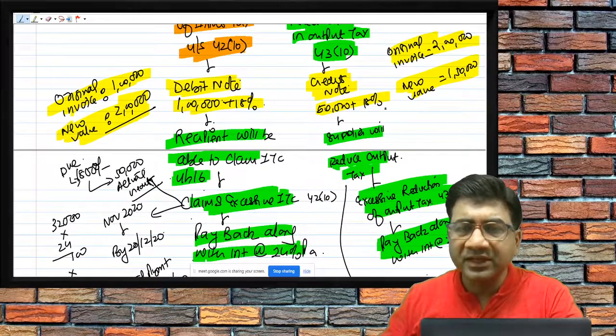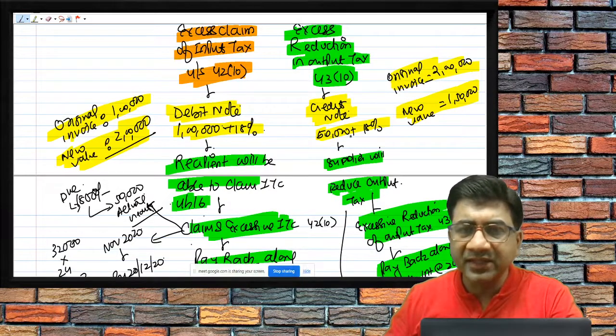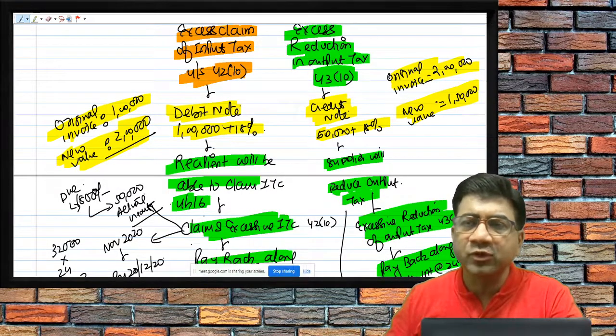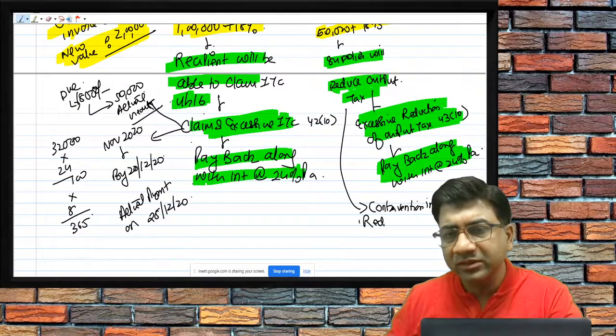What should I have done? How much was the contravention? You should have reduced your tax by 9,000, but you reduced by 29,000.